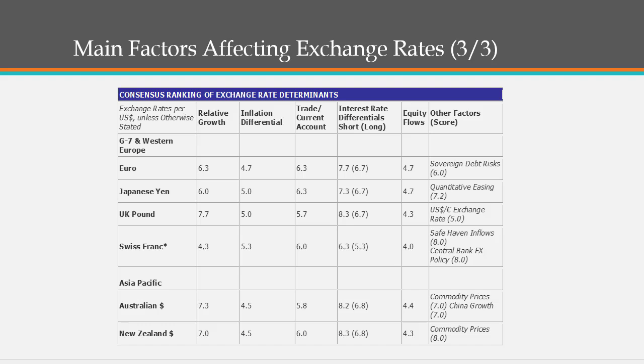In the Eurozone, interest rate differentials are the most important factor. So the path of interest rates dictates the strength or weakness of the euro. The same thing is happening in Japan, and there are some other factors regarding inflation and growth. When it comes to the UK, of course, the interest rate differentials matter, but also relative growth in the economy. This is also very important when it comes to the UK.